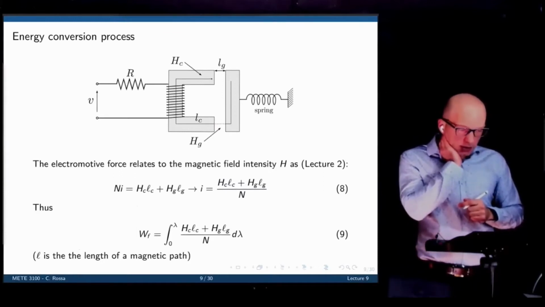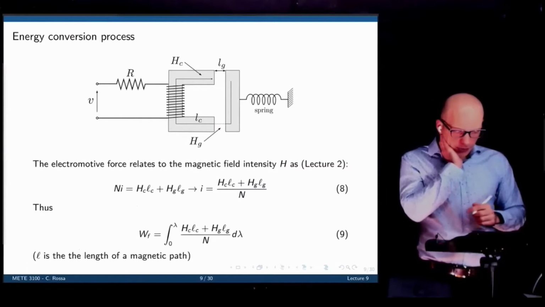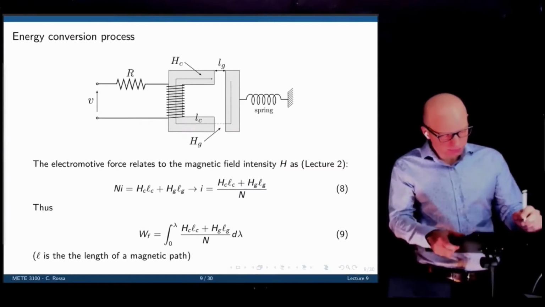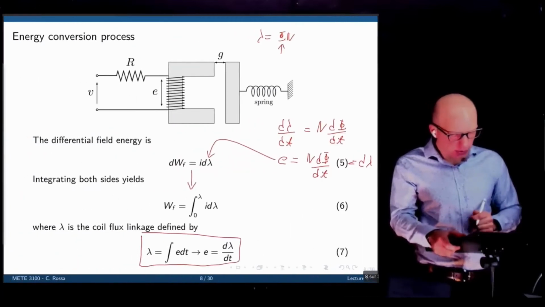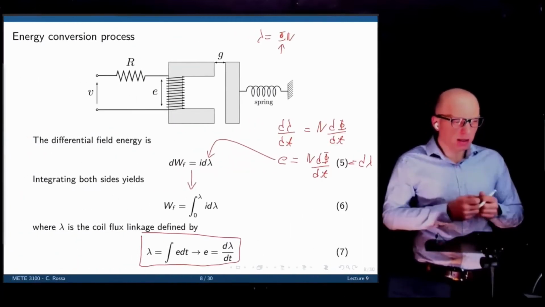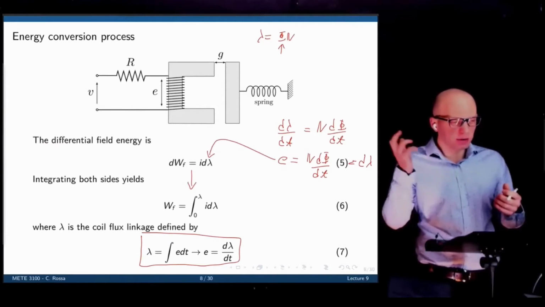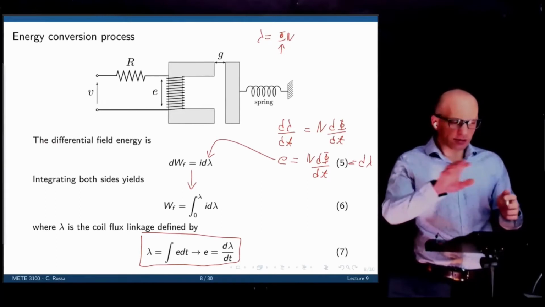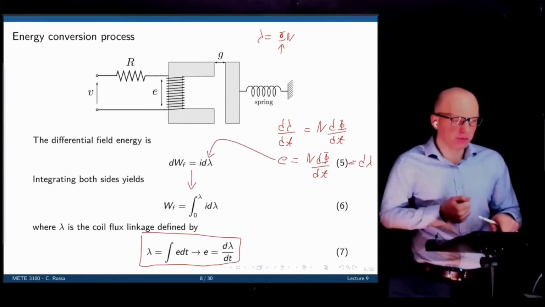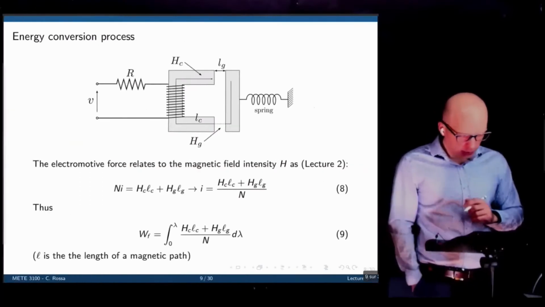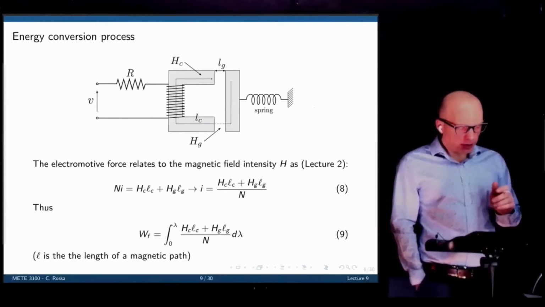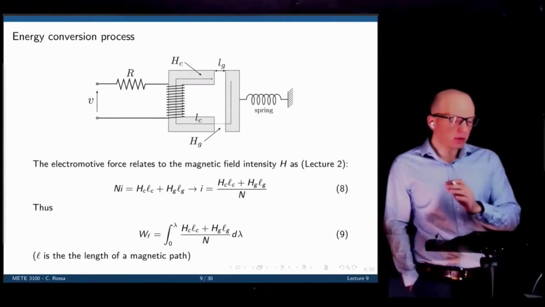All right, so now let's take this approach one step further. We know that the field energy is, as we define here, the integral of I d lambda. Now let's define the current and the flux linkage as a function of the magnetic properties of this solenoid or this actuator. The electromotive force relates the magnetic field and the current.